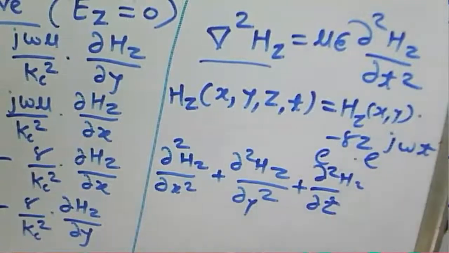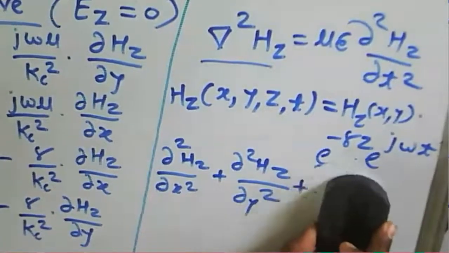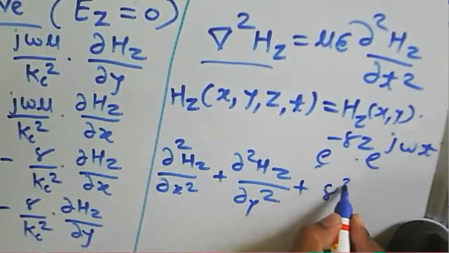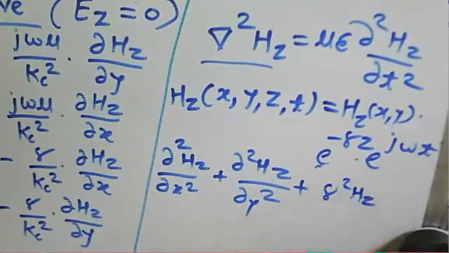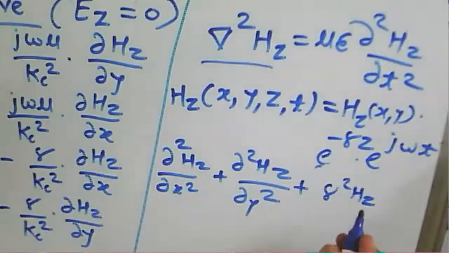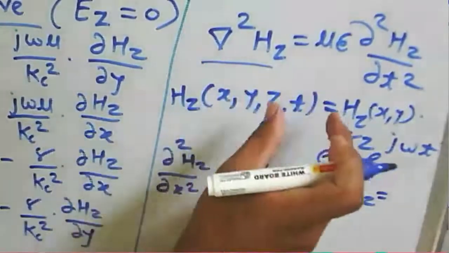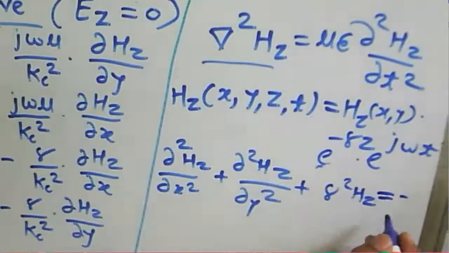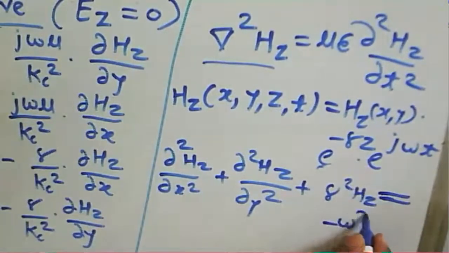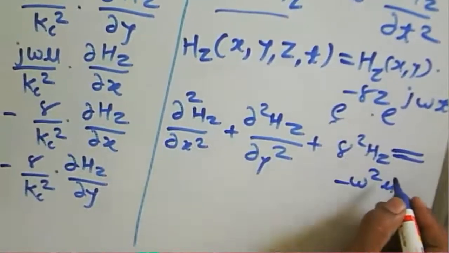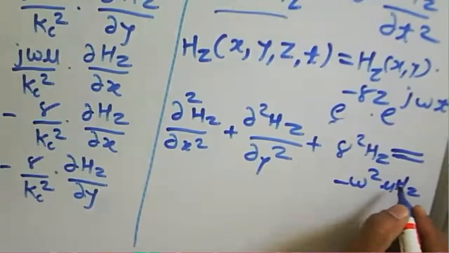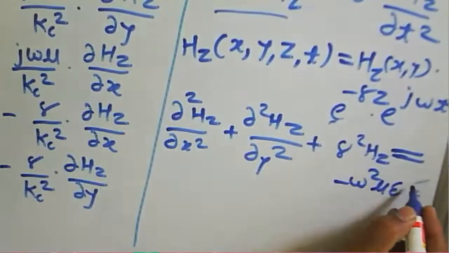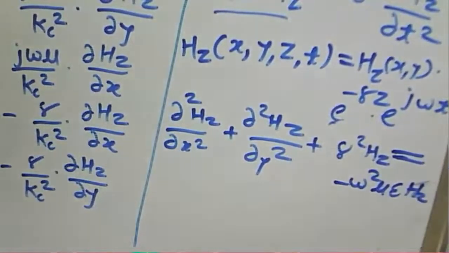Because the wave is propagating in the z direction, dou by dou z is nothing but gamma, so we get gamma square Hz. And del square Hz is equal to minus omega square mu epsilon Hz.